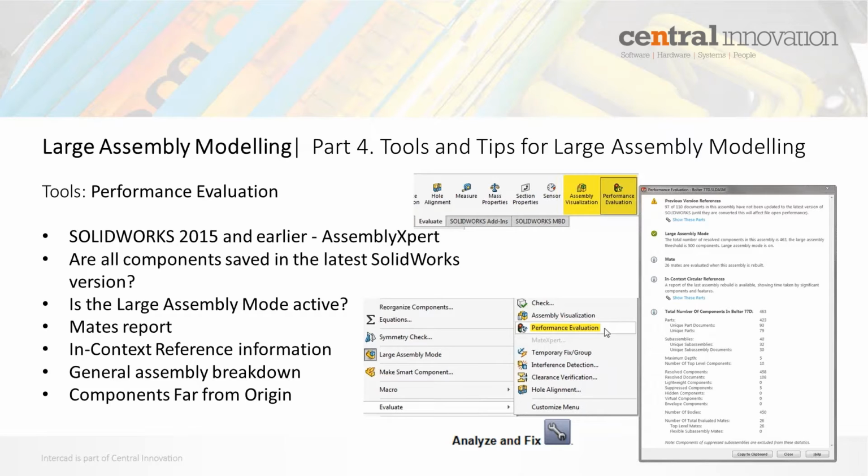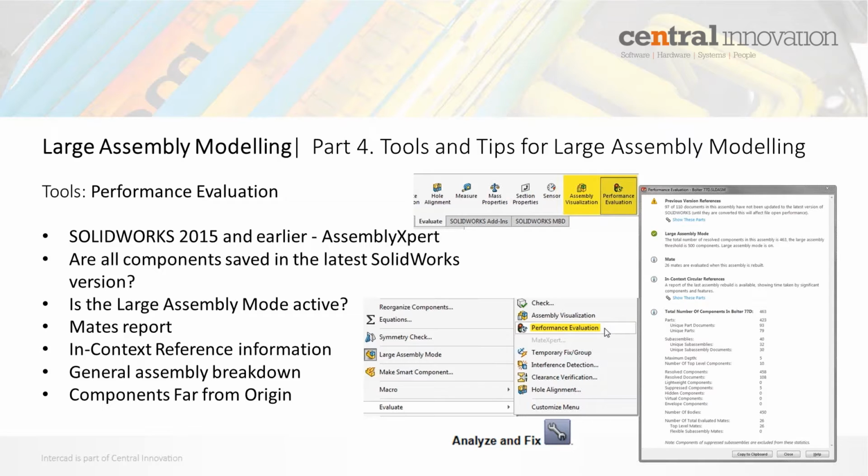In older versions, so SolidWorks 2015 and older, this tool was originally called Assembly Expert, and it was just on the System Tools or Tools Options toolbar. In 2016, they introduced the Evaluate category onto the toolbar, and it's been moved into that subcategory there with some other tools that we're going to have a look at.